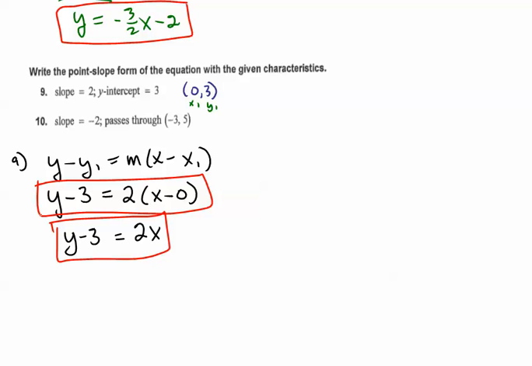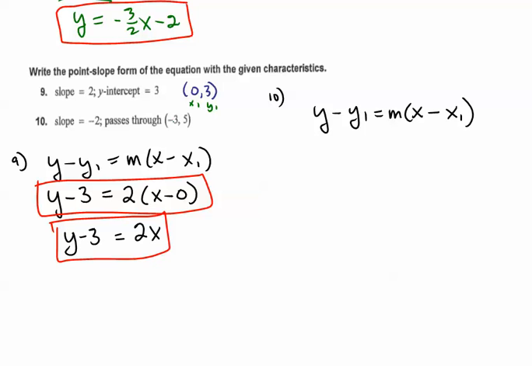We have a slope of negative 2, passes through negative 3 comma 5. Here it's number 10, y minus y1 is equal to m times x minus x1.